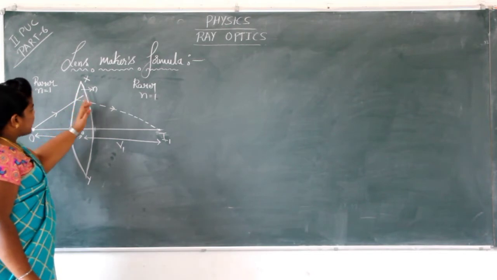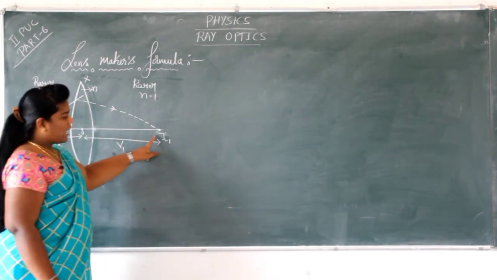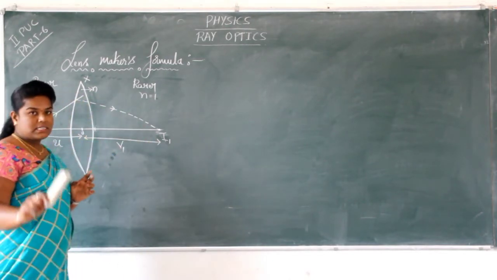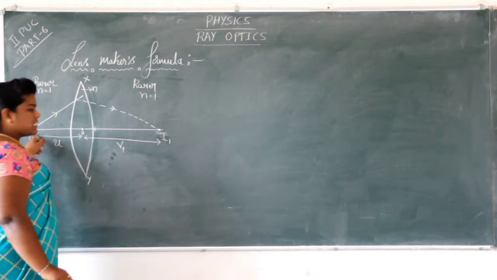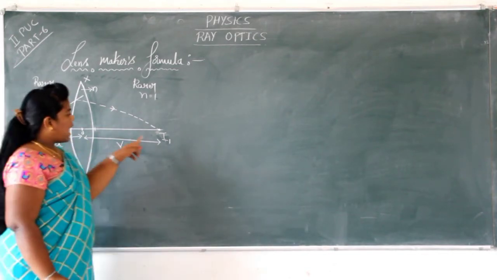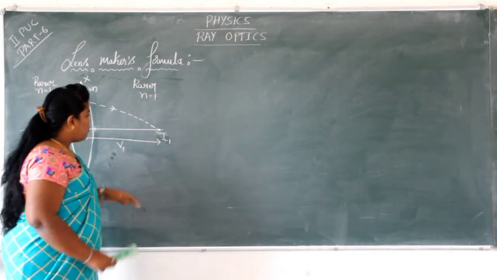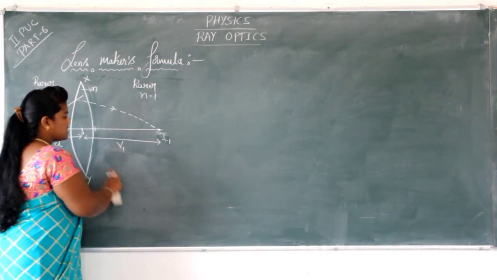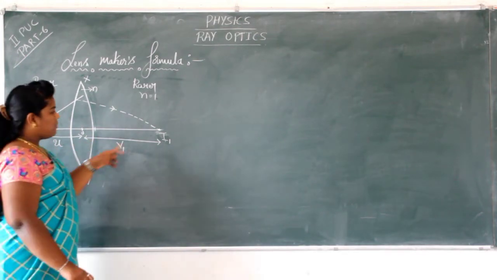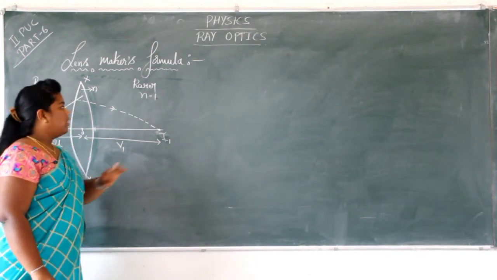Now, for the second surface, I1 acts as a virtual object. See, dear students, the real object is here, but I1 is an image formed by the first surface. Then what about the object for the second surface? For the second surface, I1 is said to be the virtual object.